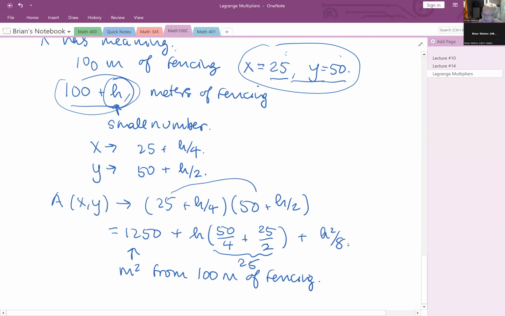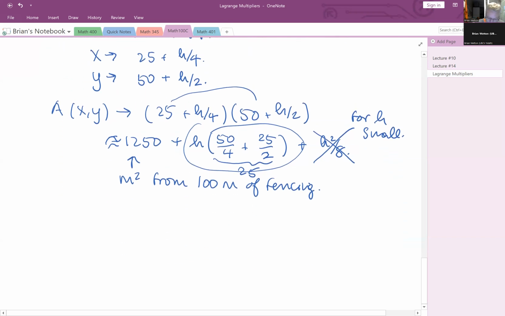Well, I'm thinking of h as being small, and so this is a small correction, and this is negligible compared to that. So I'm going to go approximately equal to that for h small, which I said it was from the beginning. So now my area is 1250 plus 25 times h.